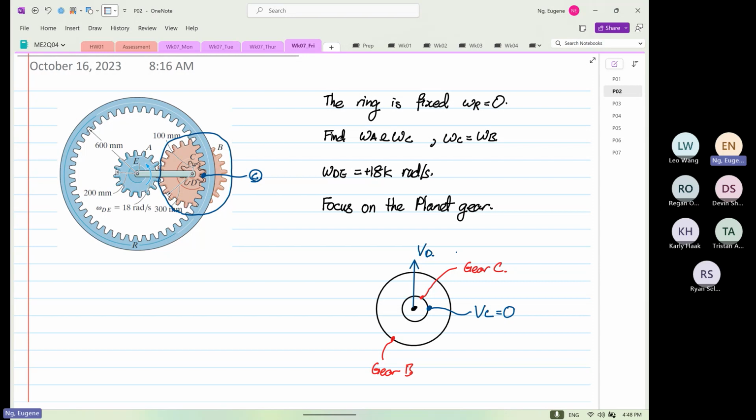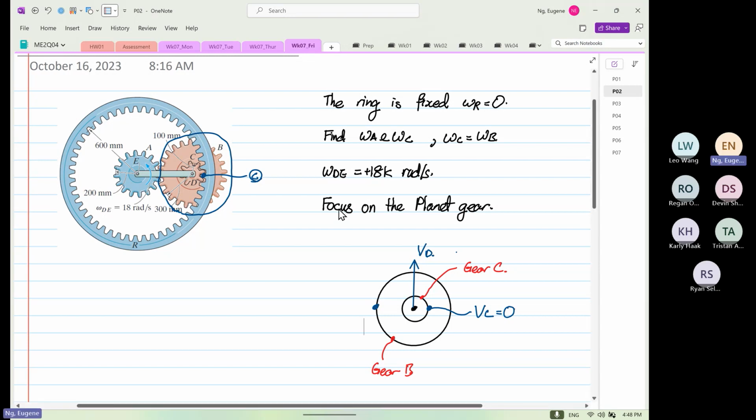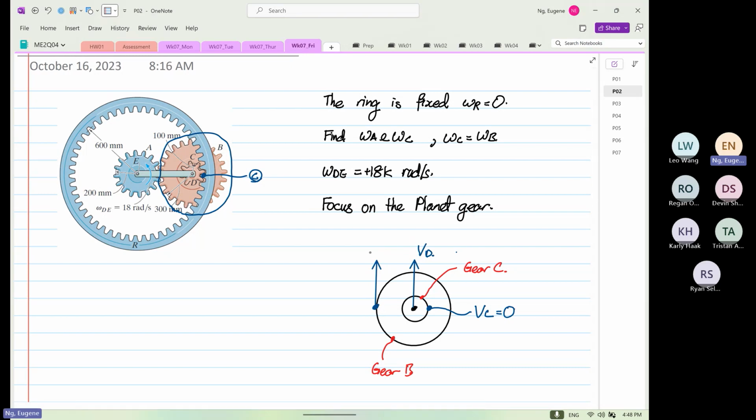So from here, we know that VC is equal to 0. And then there's another point down here, and this point over here will have a velocity. And this velocity is equal to VB.